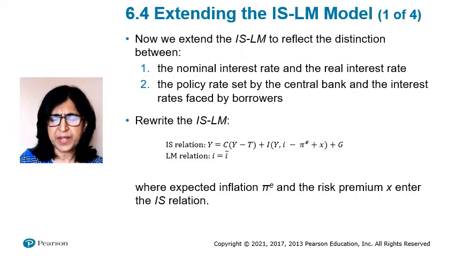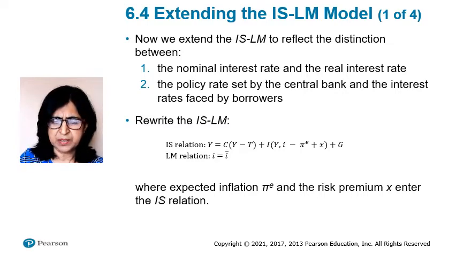The central bank chooses the real policy rate r. The interest rate faced by borrowers, which determines aggregate demand in the economy, is dependent on the expected inflation rate pi e and the risk premium x, which enter the IS relation. Rewrite the ISLM.